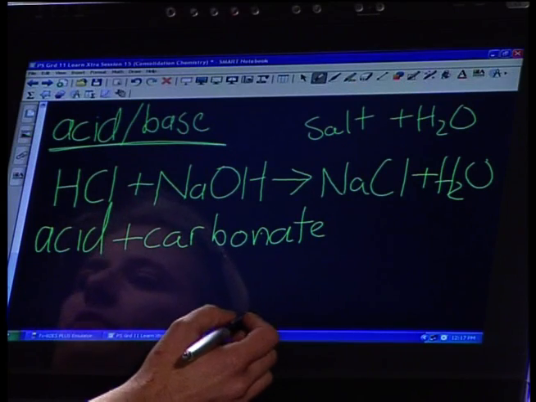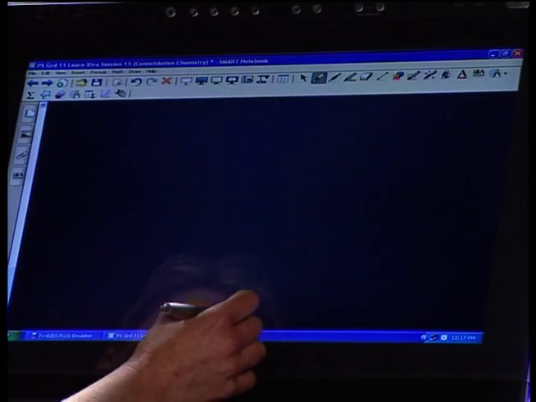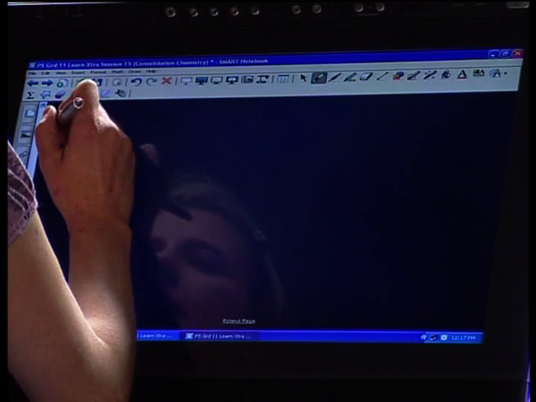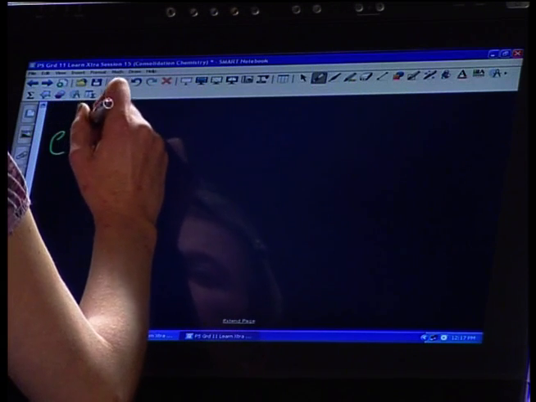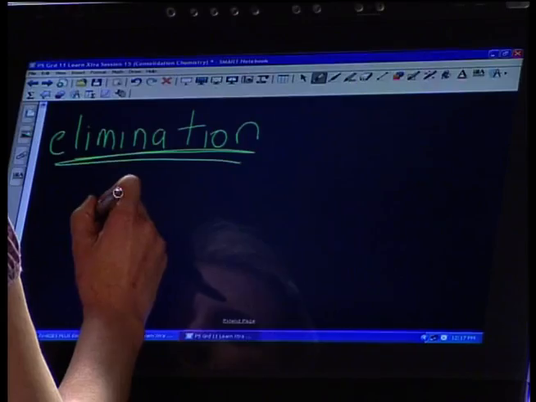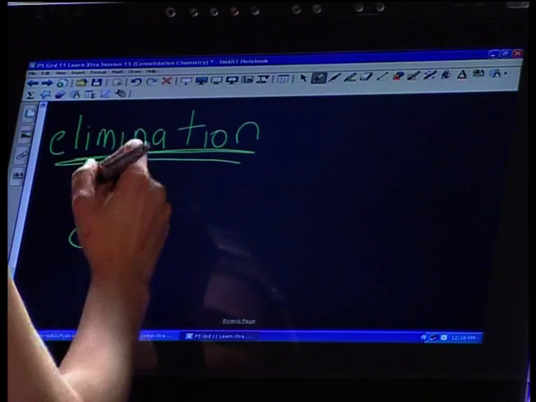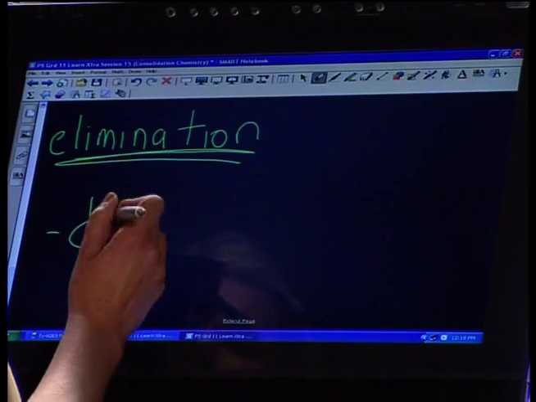Right, next type of reaction is called an elimination reaction. Now, the word elimination actually already gives us a clue as to what happens. Now, in an elimination reaction, let's have an example.